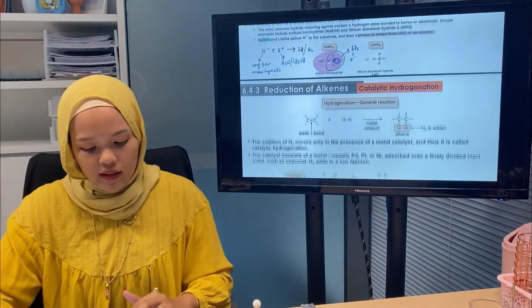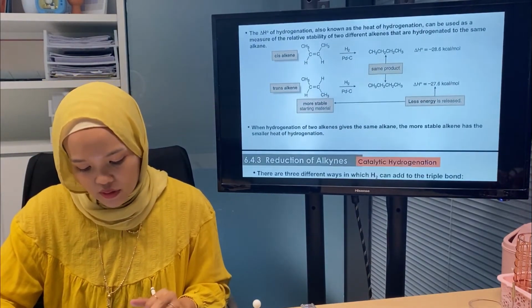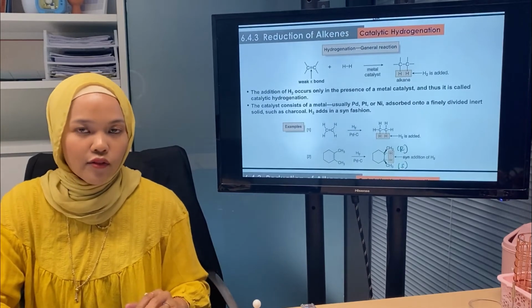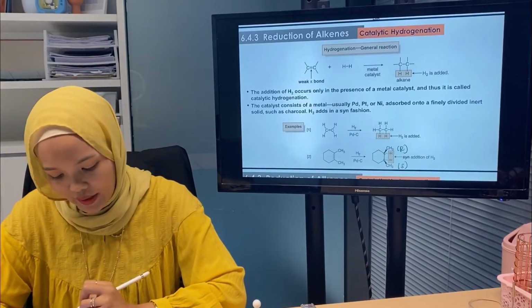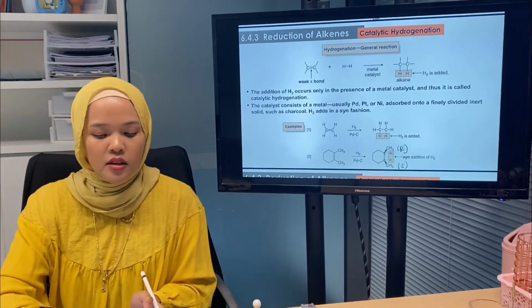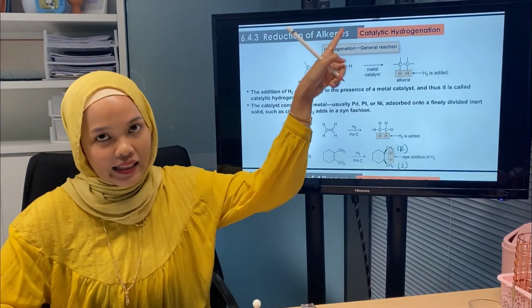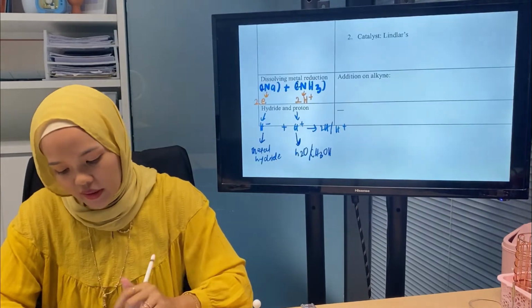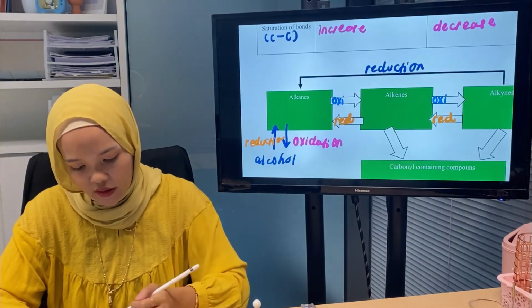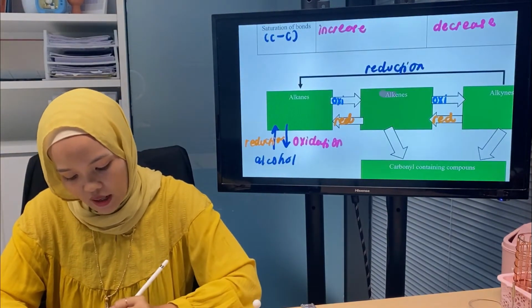Now we are going to look into the reaction for the reduction of alkynes or alkenes. First of all, I am going to talk about reduction of alkene. So this is our alkene.